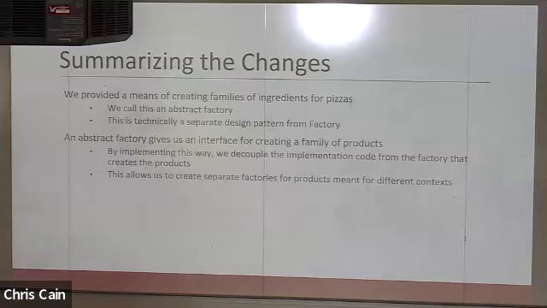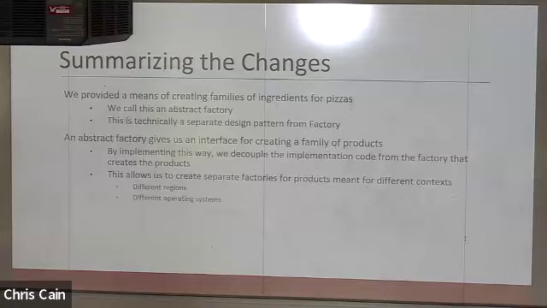What this allows us to do in terms of a factory is now we have separate factories for different products meant for different contexts. A New York pizza shop cannot make Chicago style pizzas. Even if you try to, now they can't, because there's a New York ingredient factory that is the only thing that a New York pizza store can use. So we have different regions.